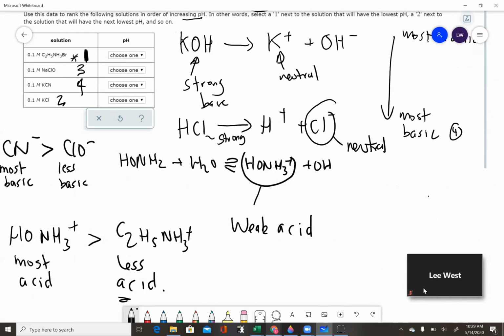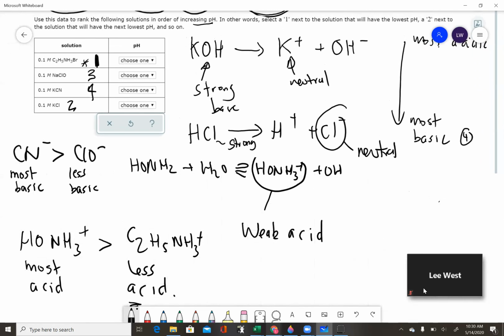The next one we ranked, NaClO, we would expect to be a little bit basic because it's an anion derived from the weak acid HClO. And finally, the most basic was derived from the weak acid HCN. How we decided the relative order of those last two was on the basis of the Kas of the acids.